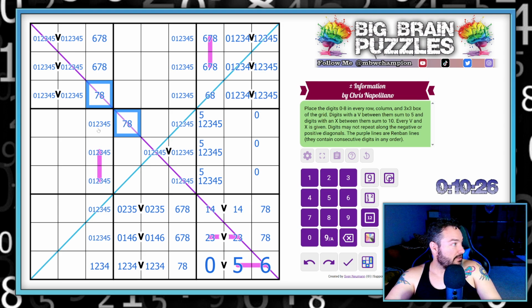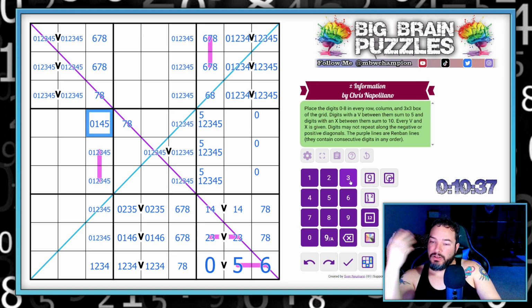So that means no matter what, this can't be a 2 or a 3, because 2 plus 8 would be 10, and 3 plus 7 would be 10. Does that tell us anything, though?